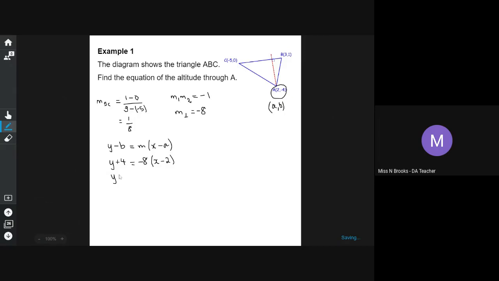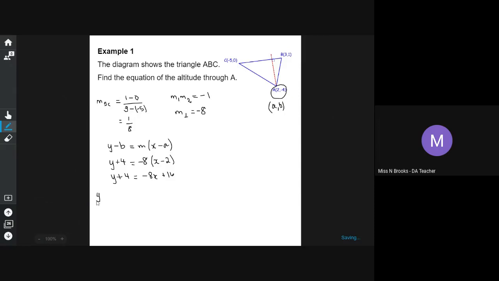So that gives us y plus 4 equals, and then we need to expand our bracket, -8x, and it'll be plus 16, because -8 times -2 gives us a positive answer. Now we need to gather our like terms, so let's move everything over to the left-hand side.